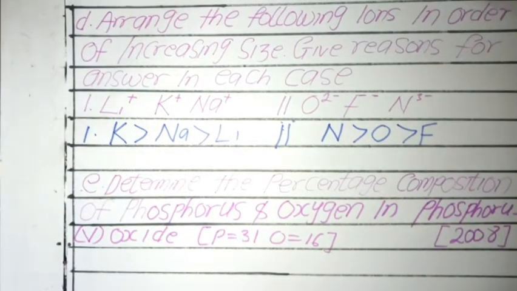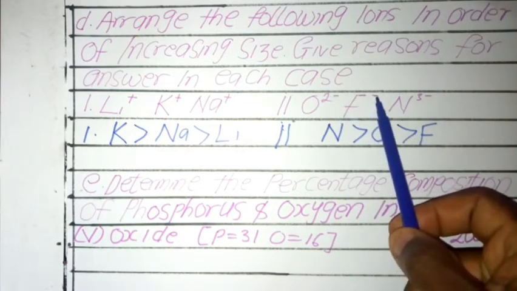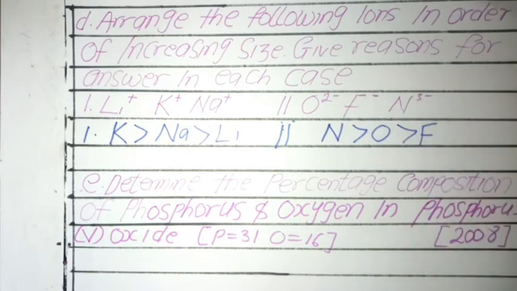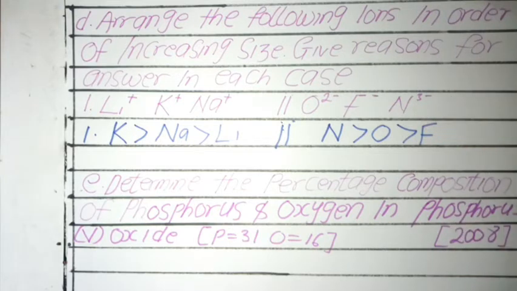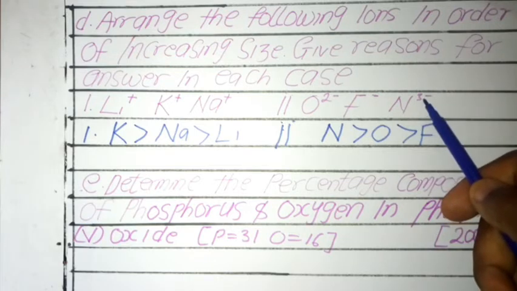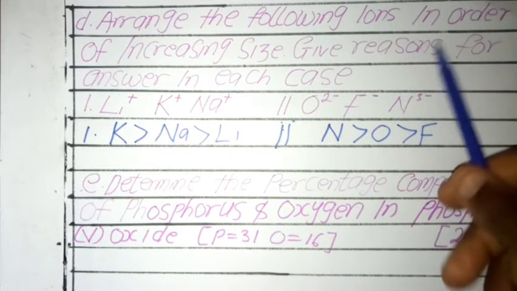And one other thing, 2 minus, minus, 3 minus. All these are isoelectronic, meaning they have the same number of electrons. Nitrogen has atomic number 7, and 3 minus means it has received 3 electrons, meaning 10.